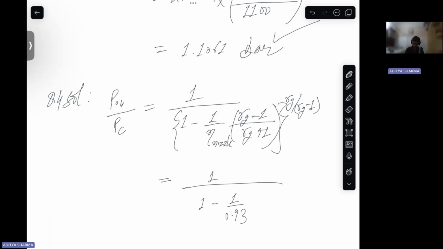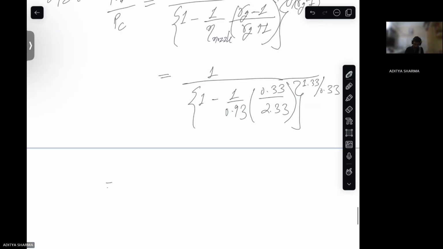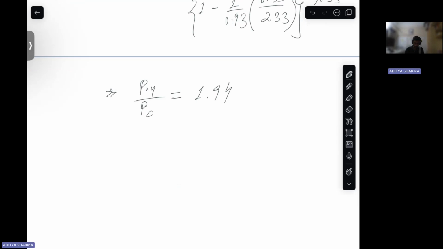Gamma G is 1.33, so this is 1.33 divided by 0.33. This will come out to be 1.94. So this is basically the answer.